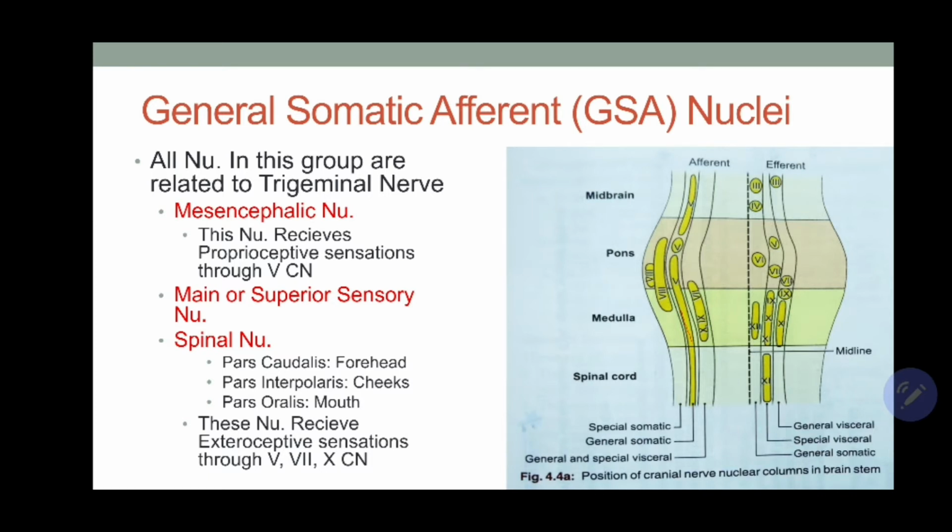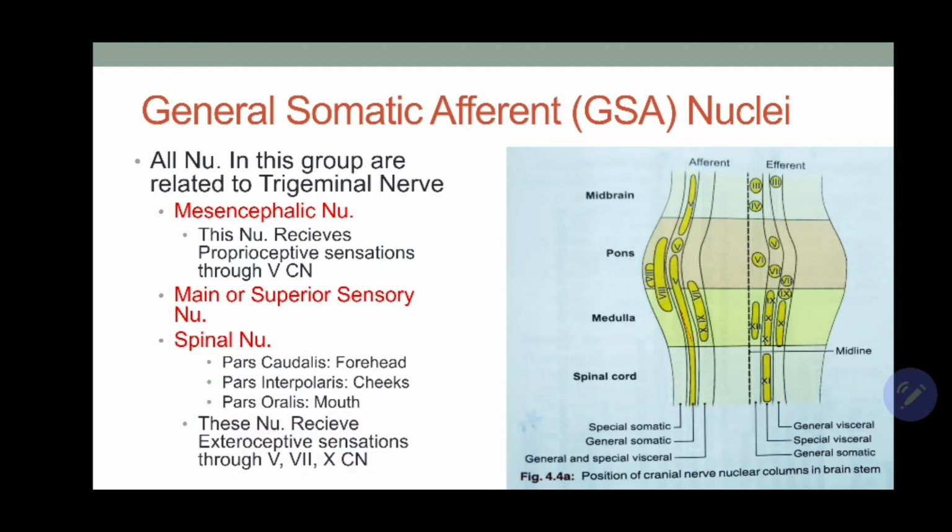So they have divided it into different parts, like pars caudalis. Pars caudalis represents the forehead portion. Caudalis means below. And pars oralis represents the mouth, the nostril area, right? They have the openings of the nostrils and the oral fissure.